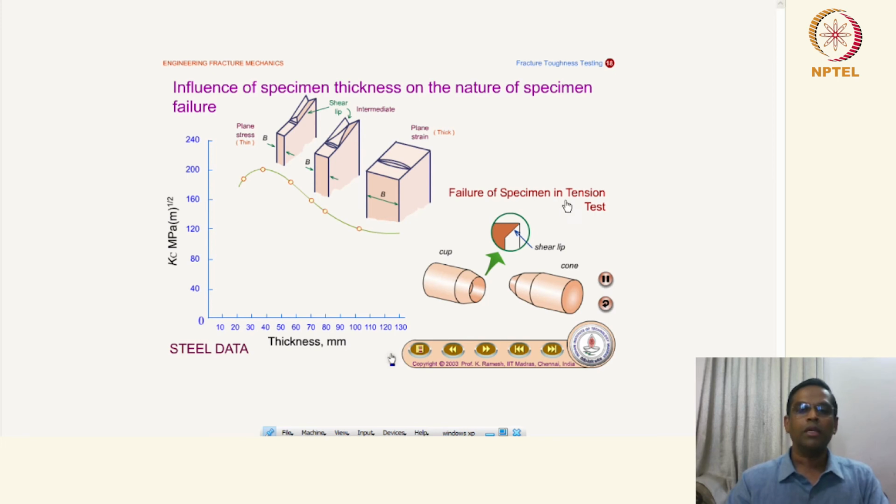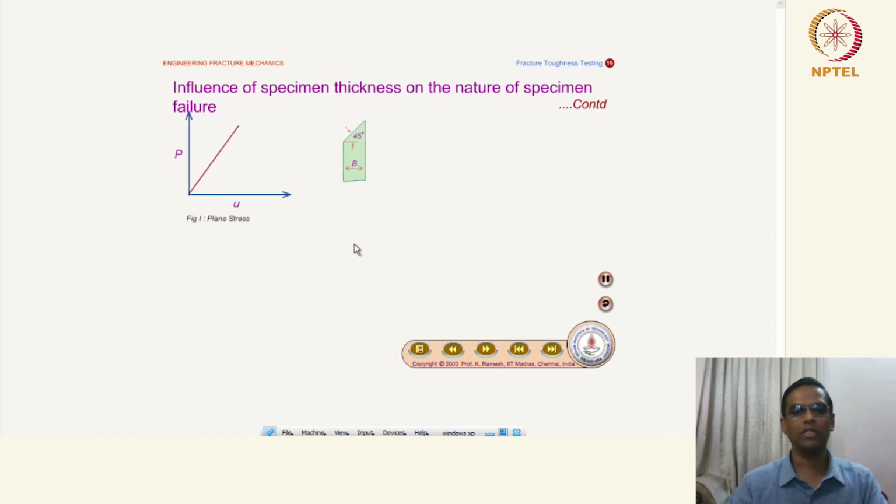Failure of a specimen in a tension test is normally accompanied by cup and cone fracture with a shear lip. Similarly, here also shear lips are possible, because crack growth and then catastrophic, sudden failure also involve shear failure in the fracture toughness test.